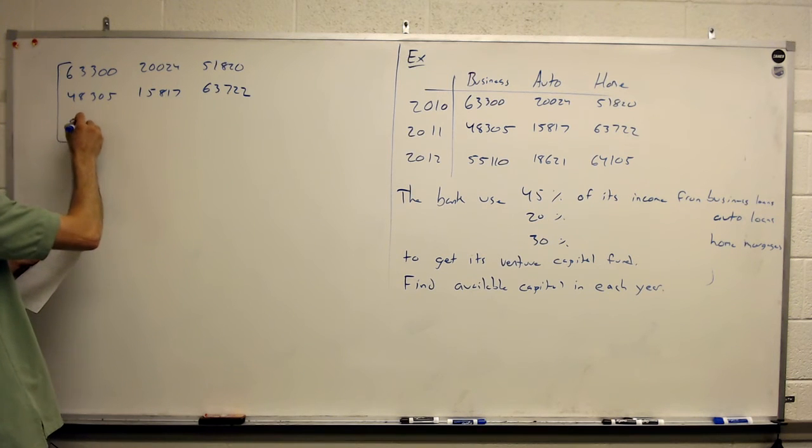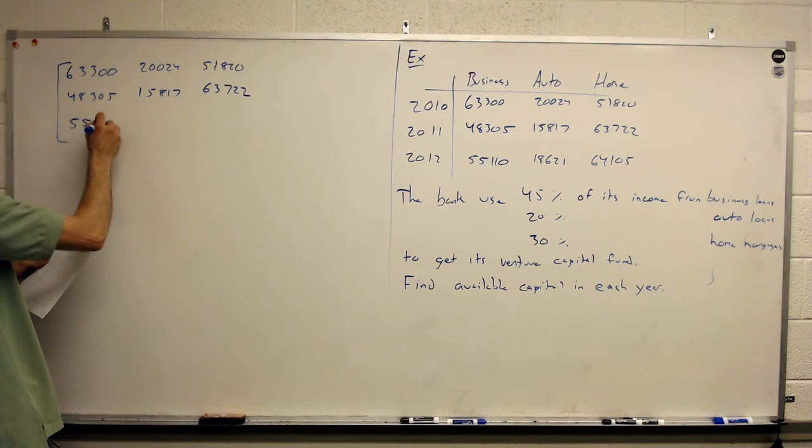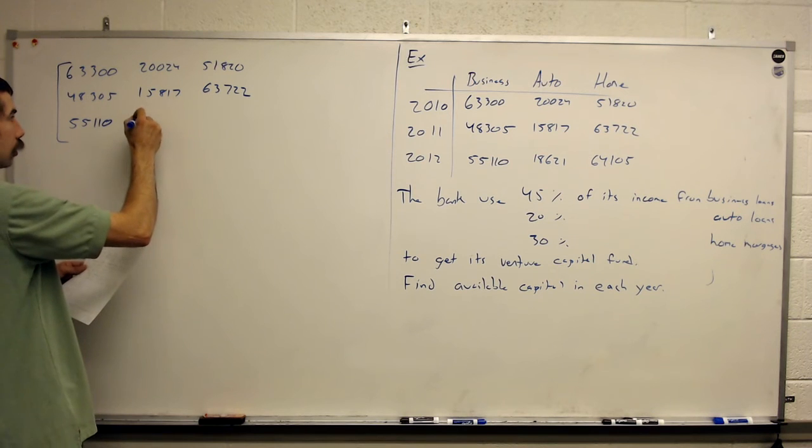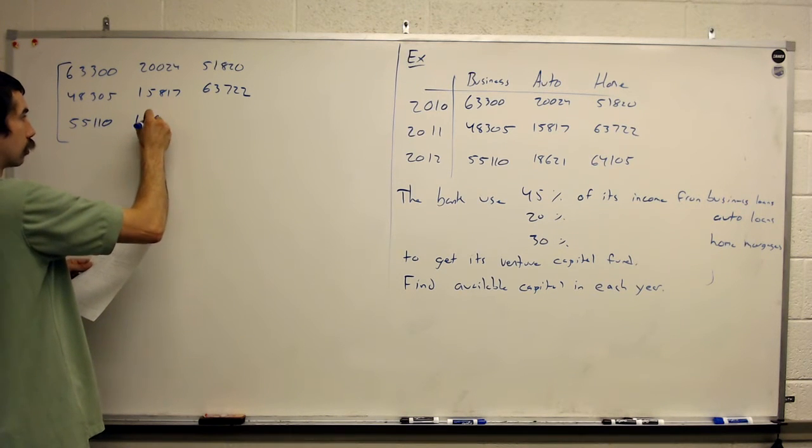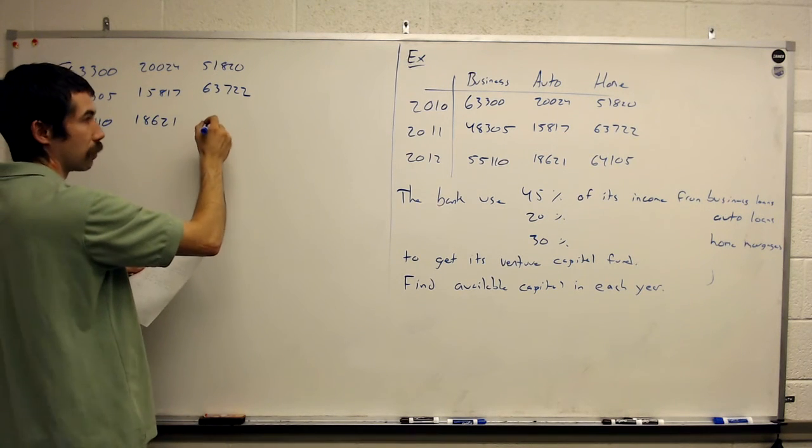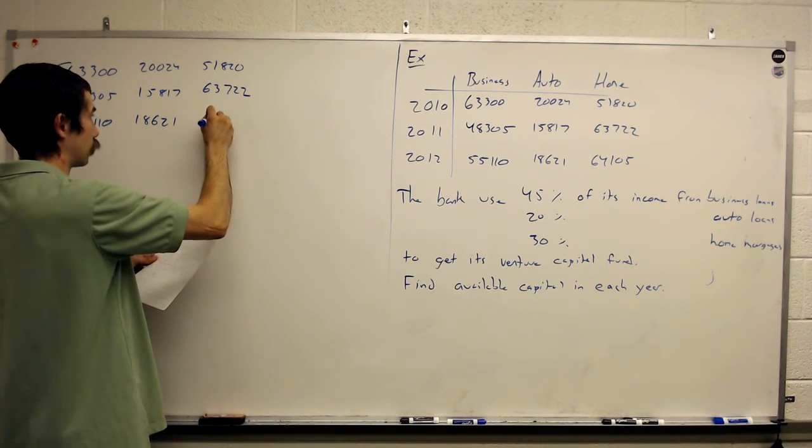And we're going to multiply this matrix times a column matrix that's just made up of the percentages.